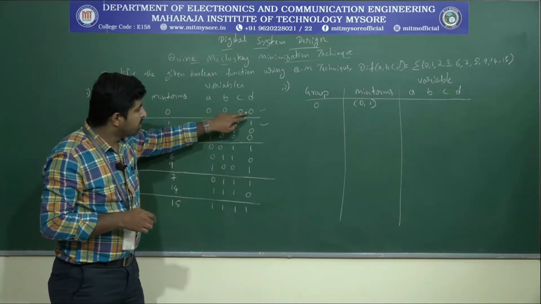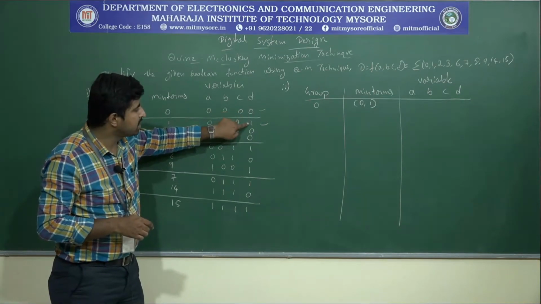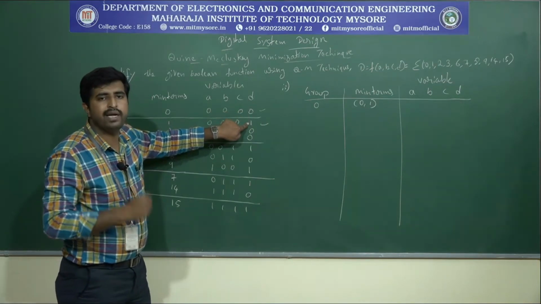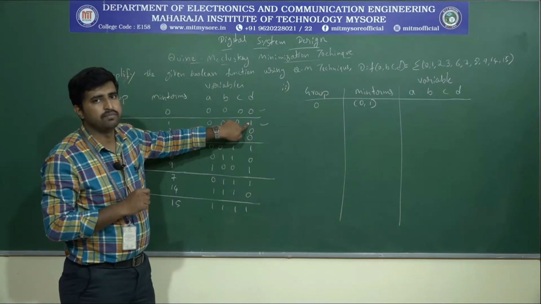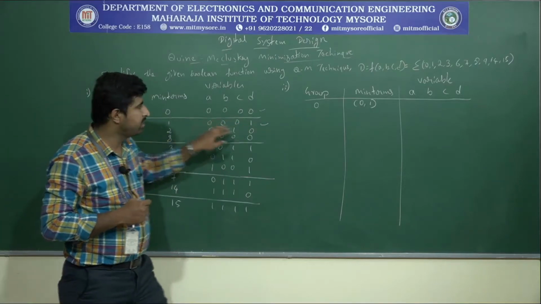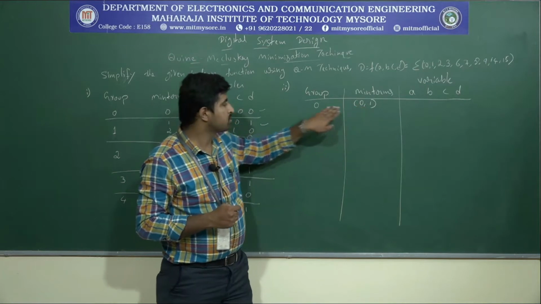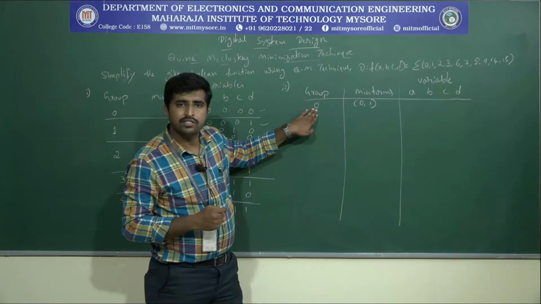When you group, this is the logic 1, this is the 0, and this position will be identified with a dash. So 0 numbers of logic ones will be there in the variables corresponding to these two group min terms. That's why this group will be named as 0.